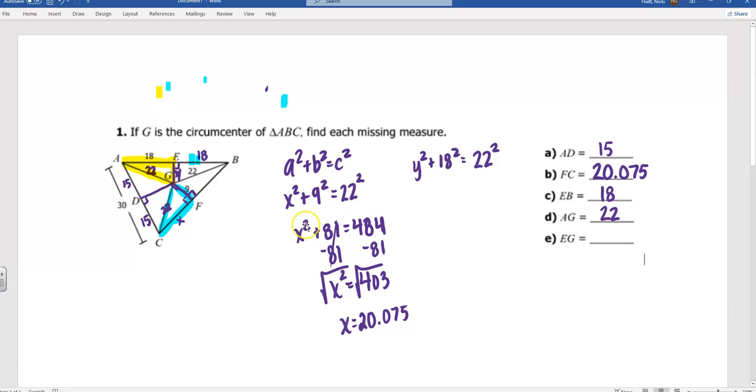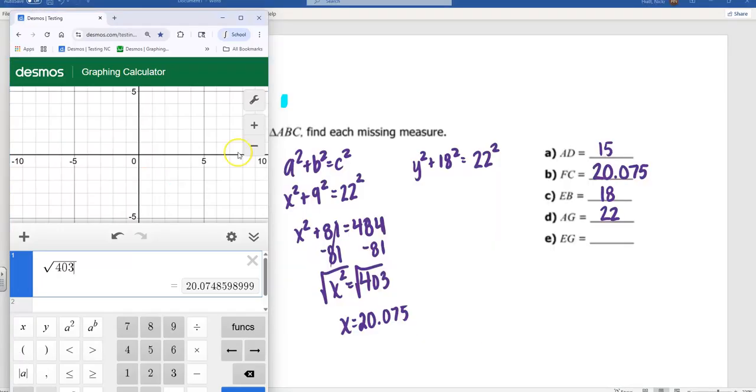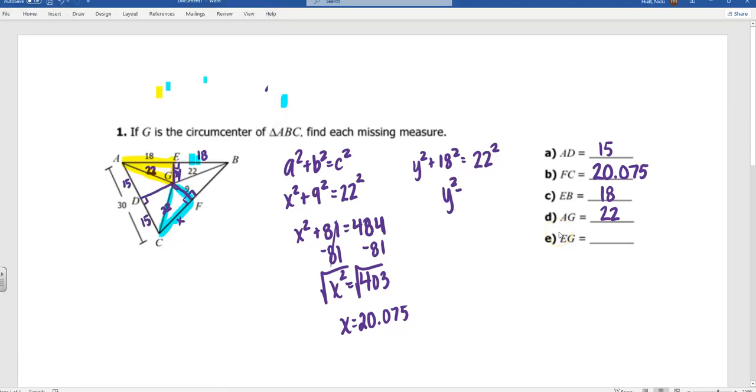You're perfectly welcome to shortcut that some. Like do 22 squared minus 18 squared, because you're going to have to square them both and subtract. So that's going to give you Y squared equals 160. What do you have to do to get rid of the square? We would square root.